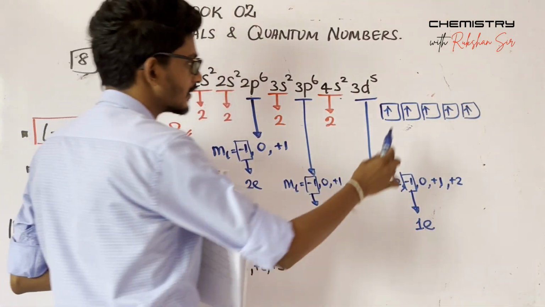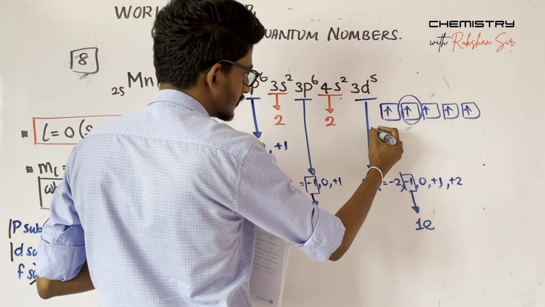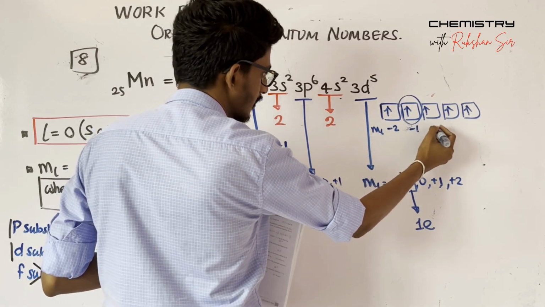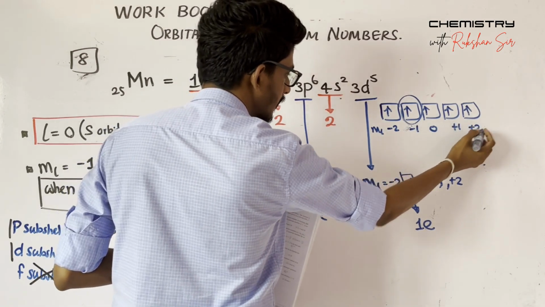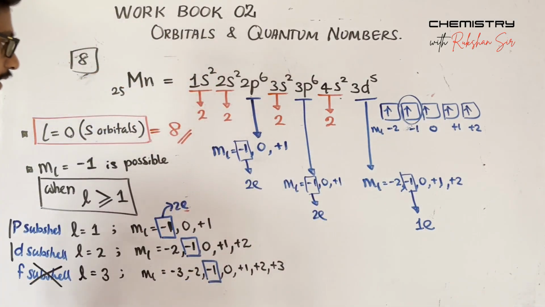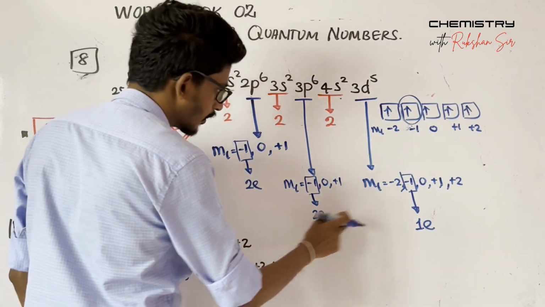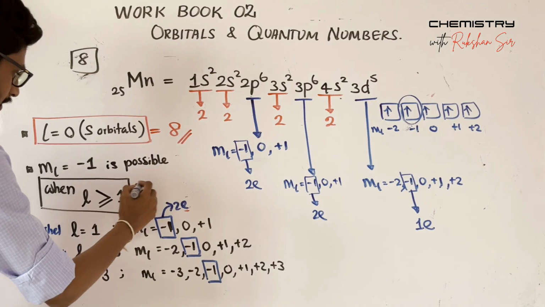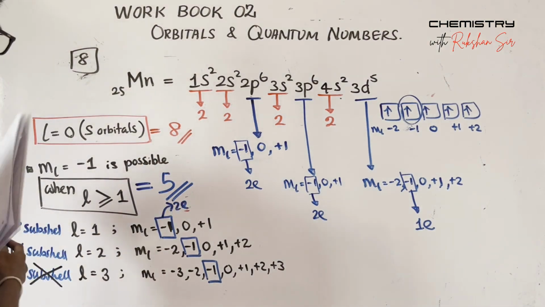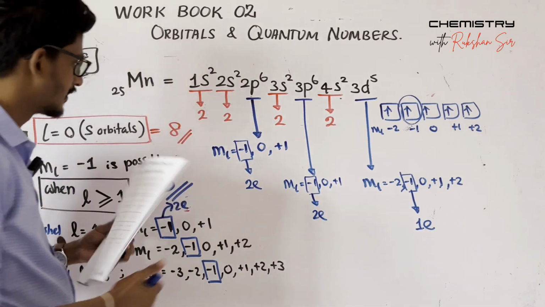So altogether, the number of Ml minus 1 electrons is 2, 2 and 1, that is 5. So the answer is going to be 8 and 5.